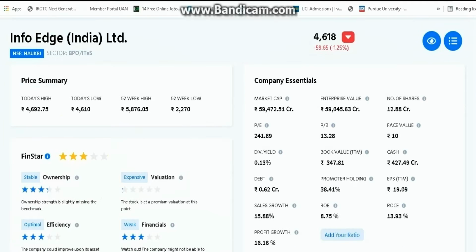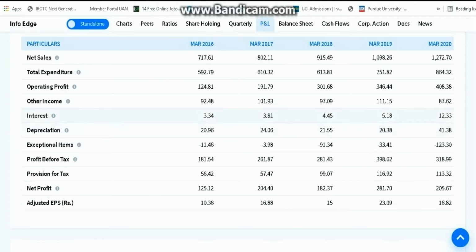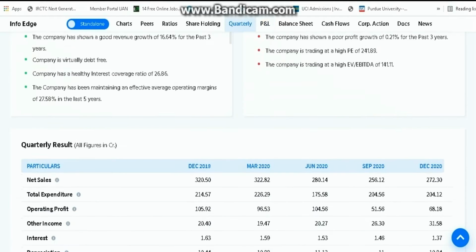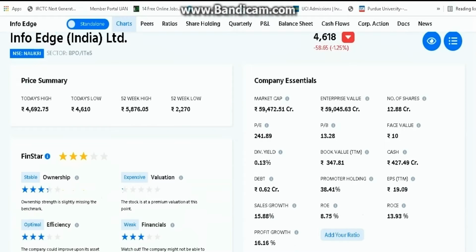If you check the P&L, you can see the company's net sales is 1272 cr, and the company has 864 cr in expenditures. So the company needs to spend on advertising, on new market products, on new business strategies. They have to reinvest their profit flow. That is why they cannot distribute a higher percentage of their profit amongst the shareholders.